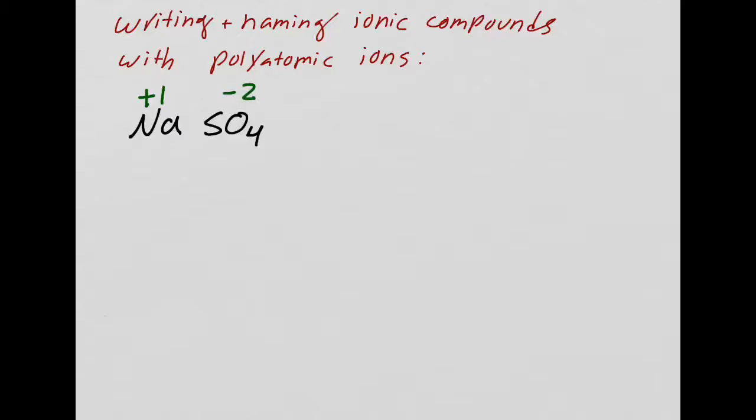The same as before, you're going to cross multiply the charges. That hasn't changed. If I do that, I get Na2SO4 because we do not write the 1. So I balance a polyatomic ion the same way we're balancing the simple ions.